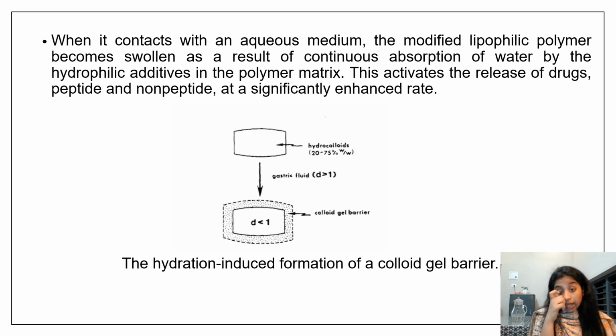When in contact with the aqueous medium, the modified lipophilic polymer becomes swollen as a result of continuous absorption of water by the hydrophilic additive in the polymer matrix, and this activates the release of drugs, peptides and non-peptides at a significantly enhanced rate. So this is the diagram showing the hydration induced formation of a colloidal gel barrier. When the gastric fluid is absorbed, the hydrocolloid becomes swollen and forms a colloidal gel barrier.